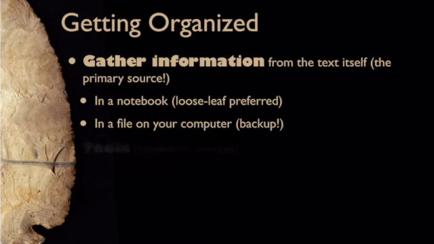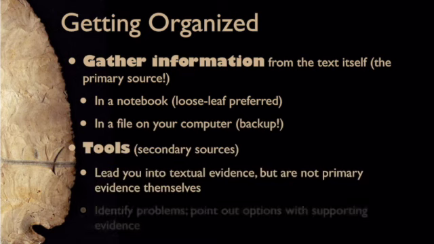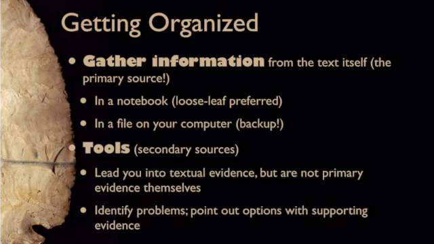Getting organized. Basically what you want to do is gather information from the text itself. And what we would recommend is that you basically put a view on an individual page. And so if you have a problem with the text and there are three different views, you would have three different pieces of paper.